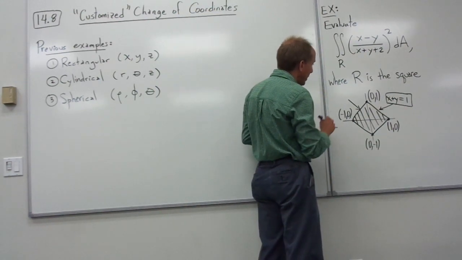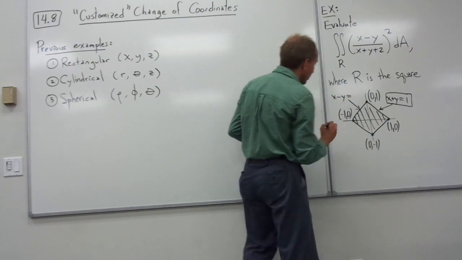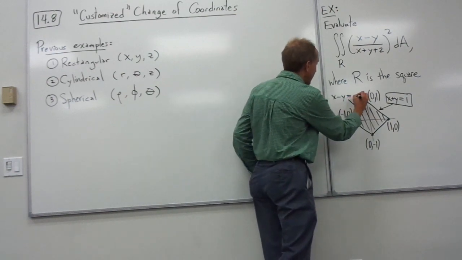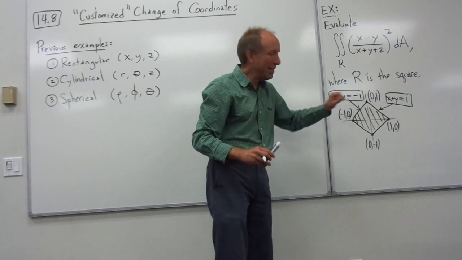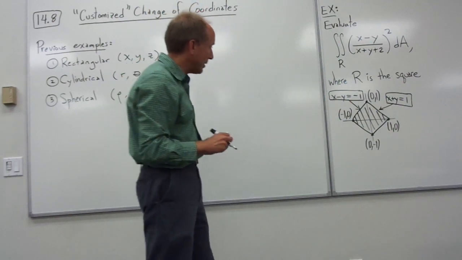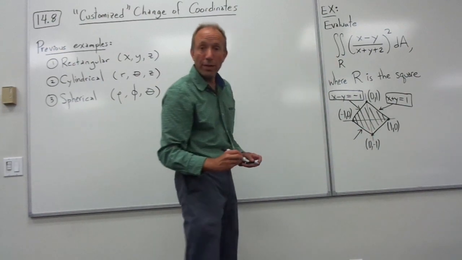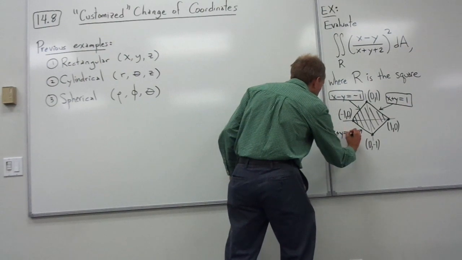This one right here, that one is going to be x minus y equals, what is that going to be actually? Negative 1. So x minus y is equal to negative 1 on that line segment. This one right here is going to be x plus y equals negative 1.